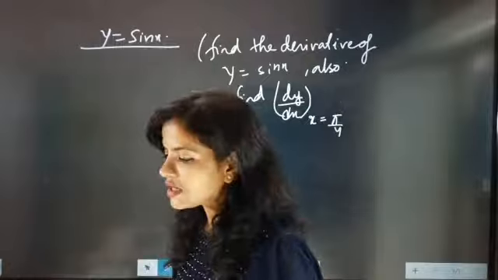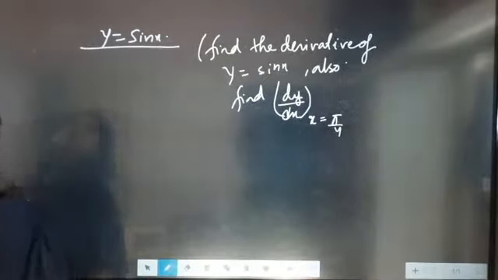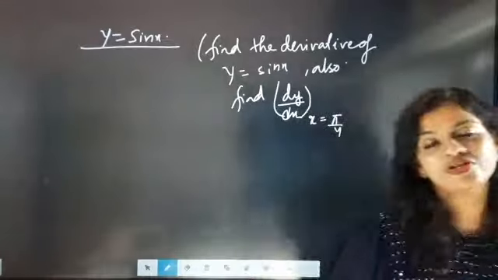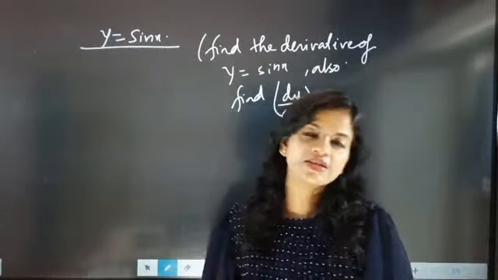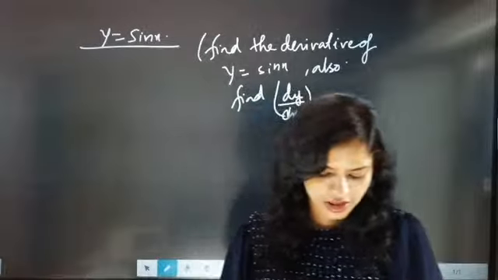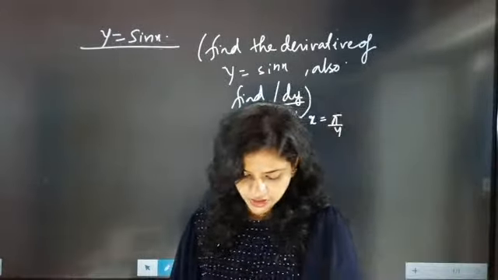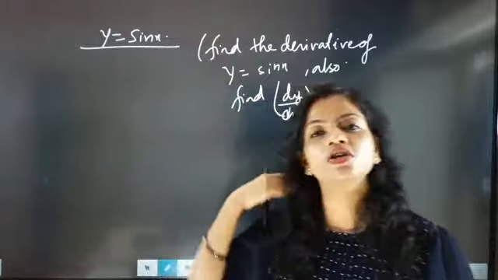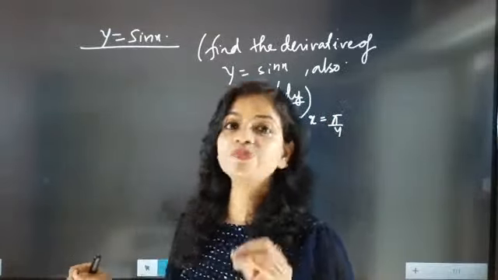Yes, absolutely correct Saru. The answer will be cos x. But how are we going to solve the question, because direct differentiation of sin x will give you cos x. But one very important thing is how to solve it by first principle.